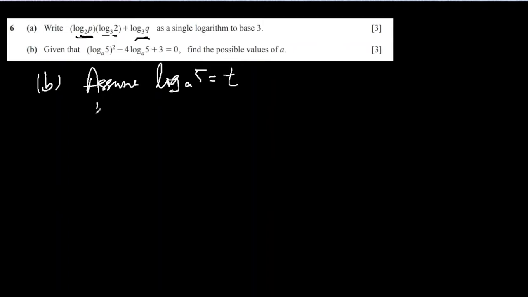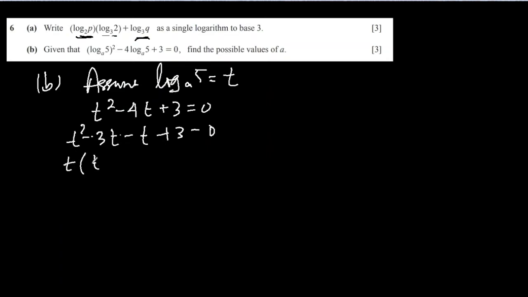So it becomes t squared minus 4t plus 3 equal to 0, a quadratic equation, and easily we can find the solutions by factoring, or you can use a calculator, that's your choice. So t squared minus 3t minus t plus 3 equals 0, t minus 3.